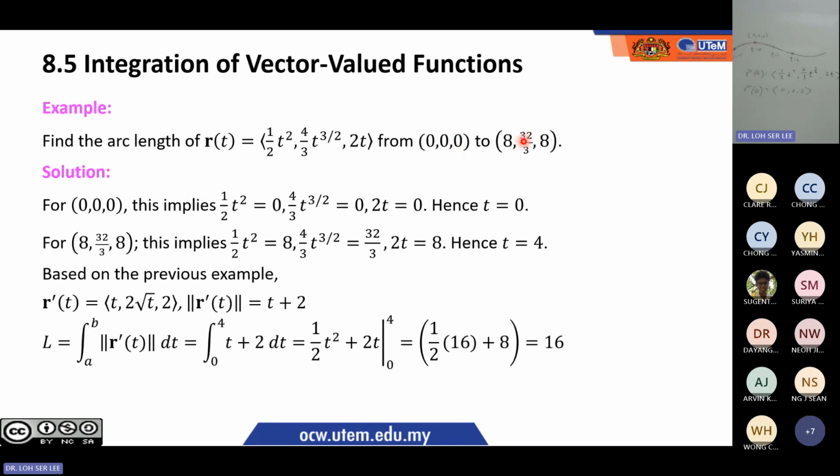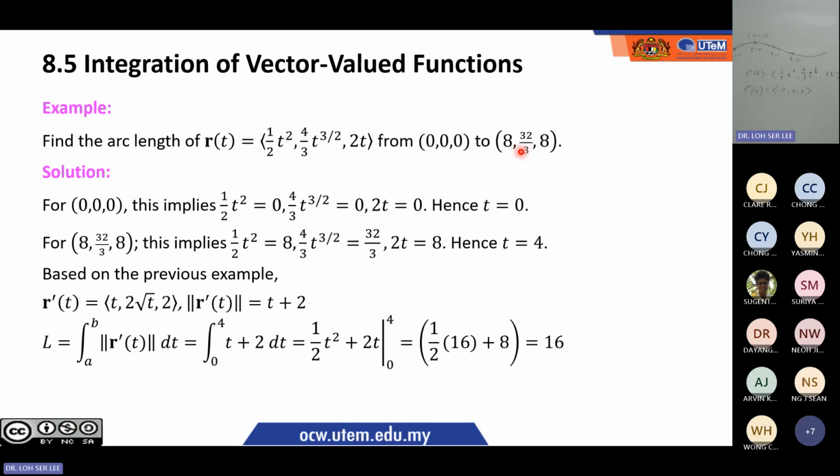So from here, we have to identify the value of t that represents this point and another t value that represents the other point. For the first point, we equate the first component function to 0, the second component function to 0, and the third component function to 0, and solve these 3 equations for t. We get t equals 0 in each case. That means t is 0 for this point.